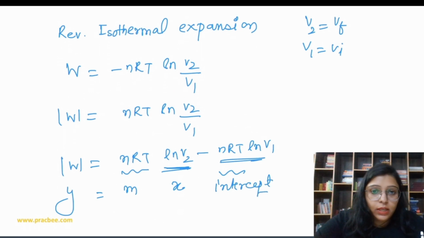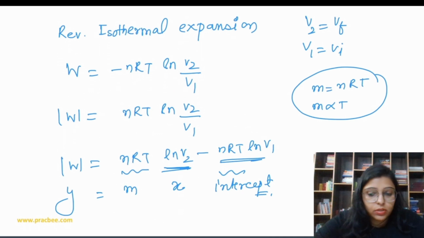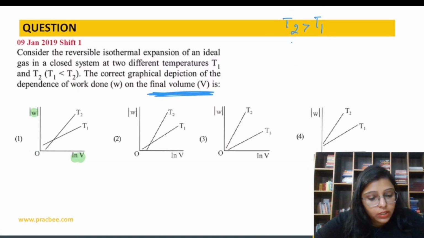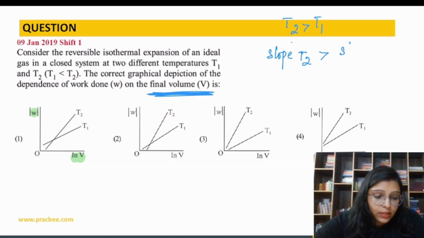Now slope is equal to nRT, which means slope is directly proportional to temperature. In the question T2 is greater than T1, so the slope at temperature T2 is greater than the slope at temperature T1. Right? So if we see this, the answer is going to be the third one.